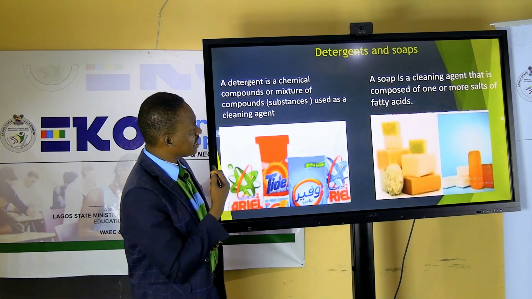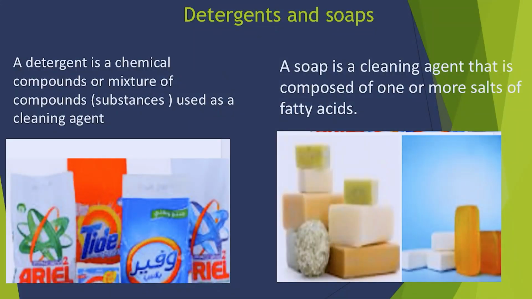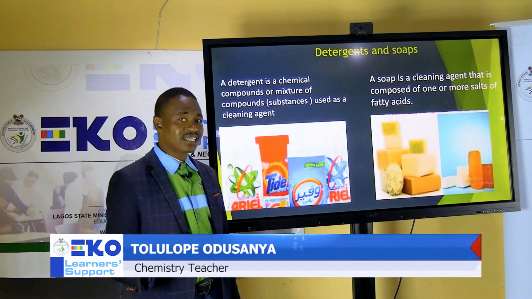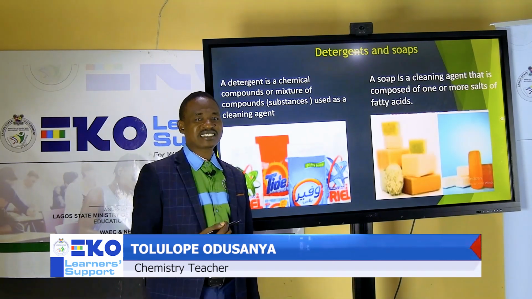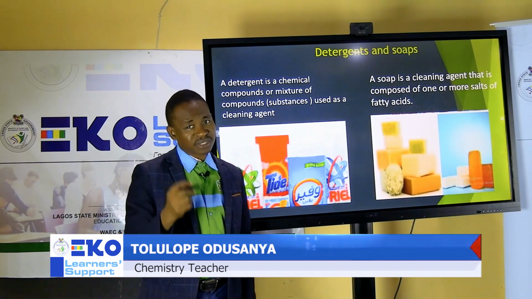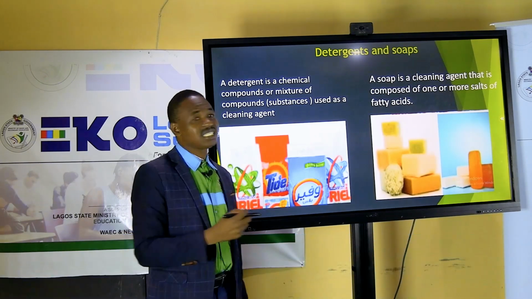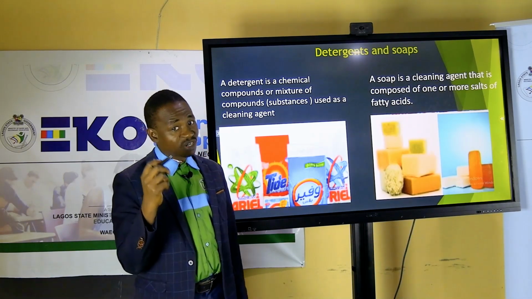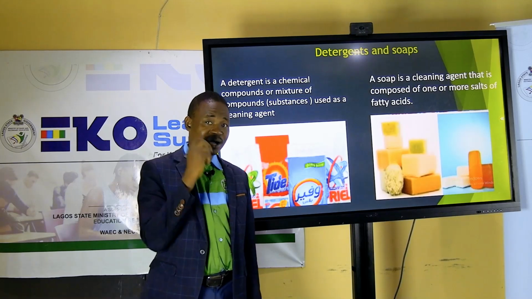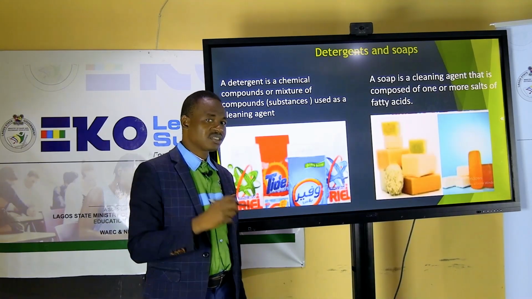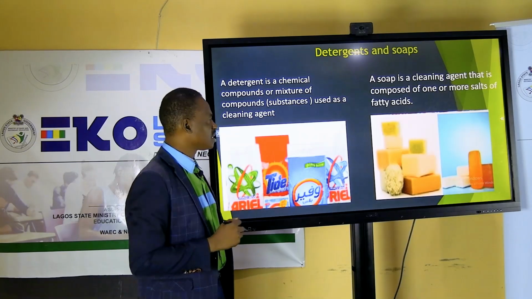A soap is a cleaning agent that is composed of one or more salts of fatty acid. You might be wondering what this has to do with fats and oil. But I want to let you know, without fat and oil, all this might be so difficult to make. We are going to expose you to how it is done. Just keep following me. Good.